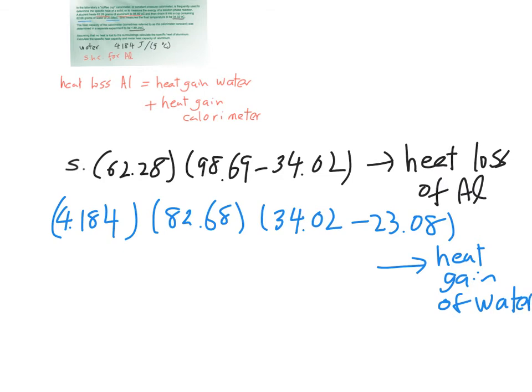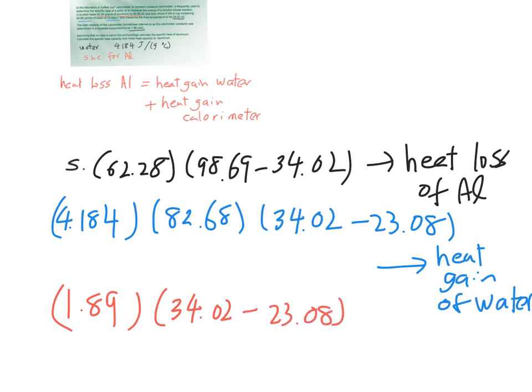Another one is the heat gain of the calorimeter, which has the heat capacity of 1.89 joule per degree centigrade, and the final temperature is 34.02 minus 23.08. These two added together should equal the heat loss of aluminum. From there, you can find the S.